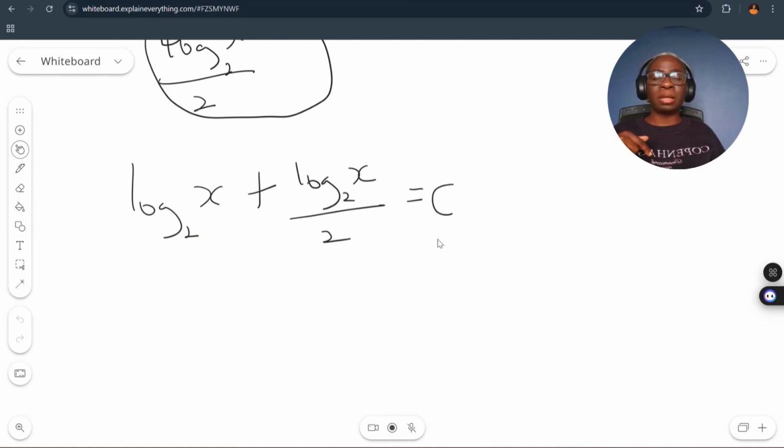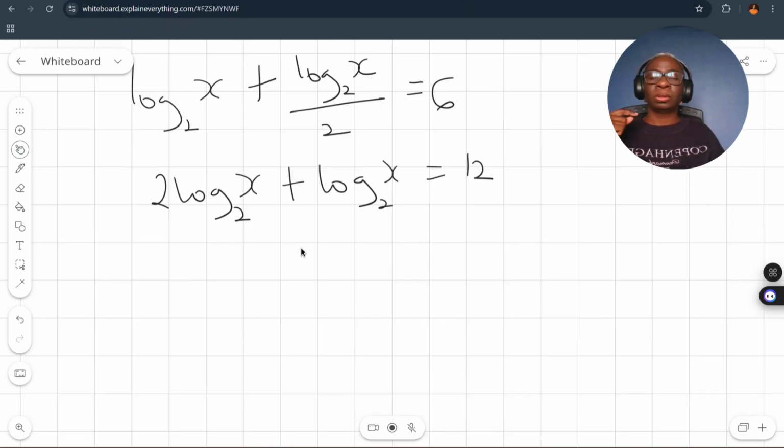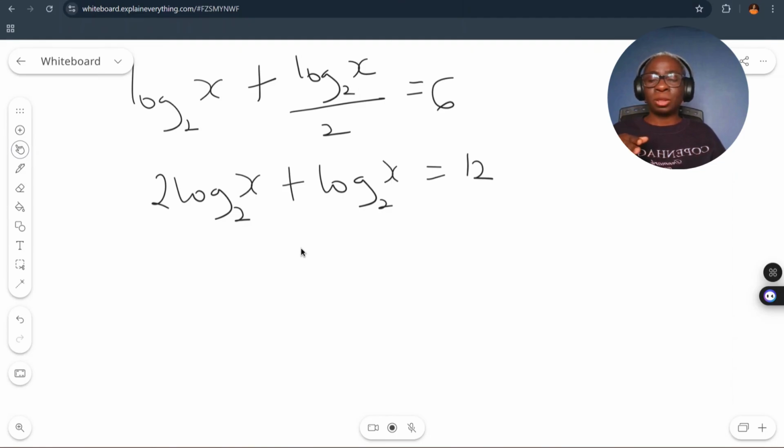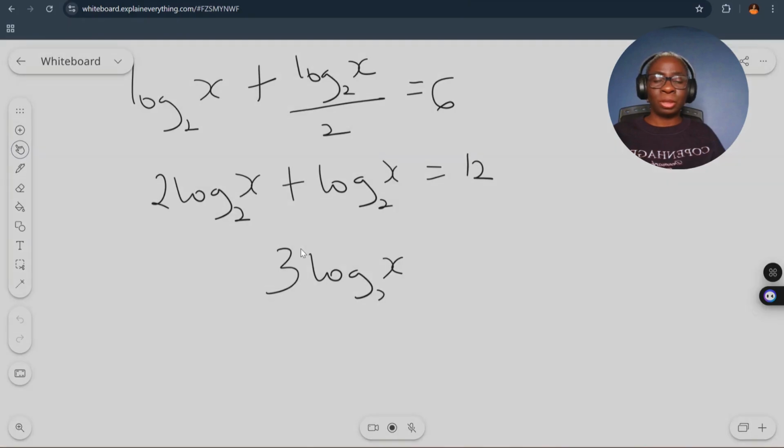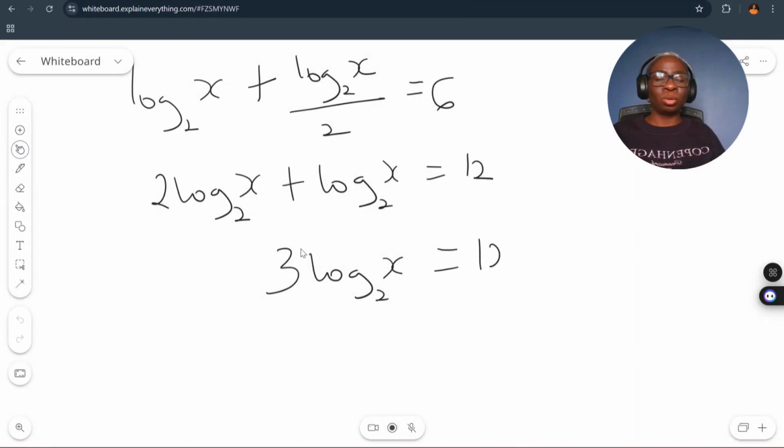Now we can multiply through by 2, so we have 2 log x base 2 plus log x base 2 equals 12. Simplifying, this becomes 3 log x base 2 equals 12. Dividing both sides by 3, log x base 2 equals 4.